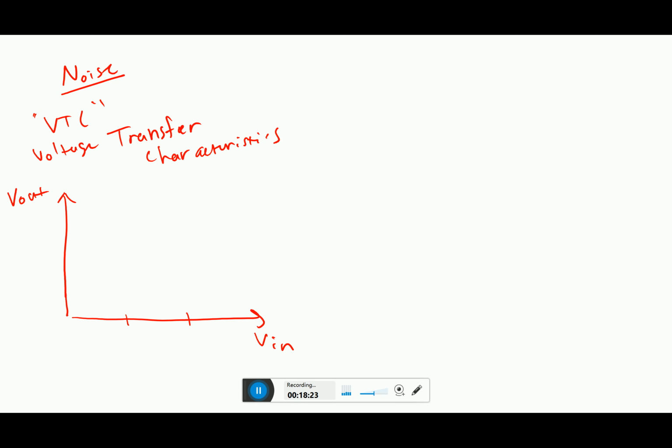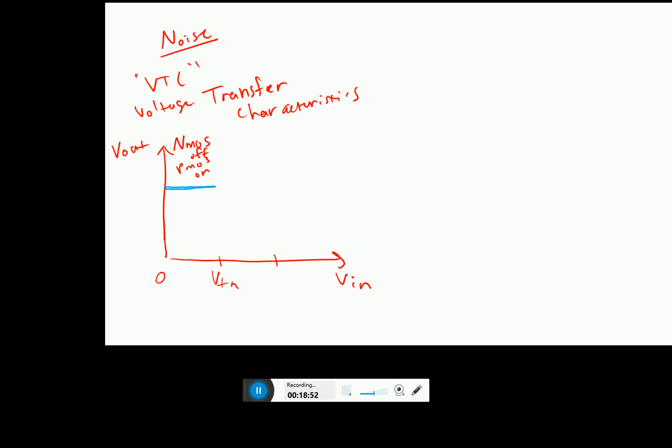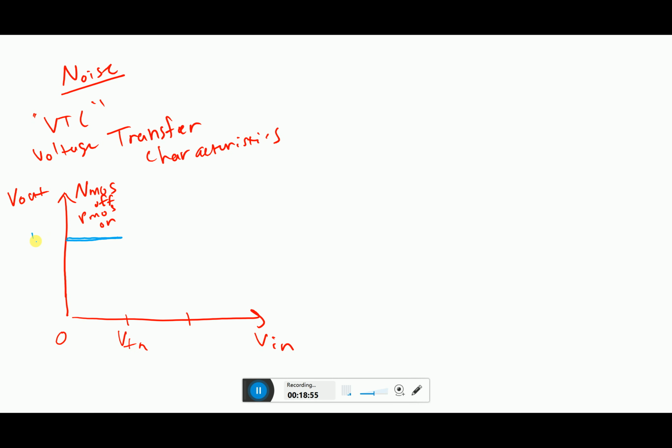Okay. So we're going to divide this into 3 sections. The first one is from Vin equal to 0 to Vtn. In this region, we know that the NMOS is off and the PMOS is on. So let's draw the graph in blue. So that means that this is where Vout is equal to VDD. Okay.